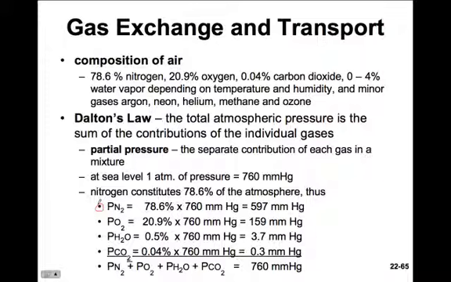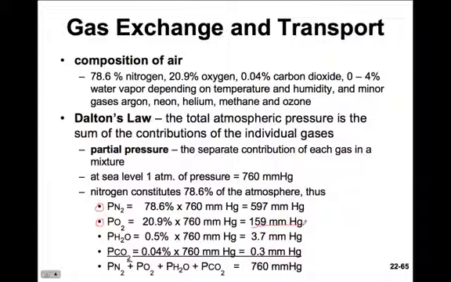78.6% of that 760 millimeters of mercury is due to nitrogen. And so that is 597 millimeters of mercury. The partial pressure of oxygen at sea level, if there's 20.9% oxygen in the air, we take 20.9% of 760 and we come up with 159 millimeters of mercury. Then we look at water.